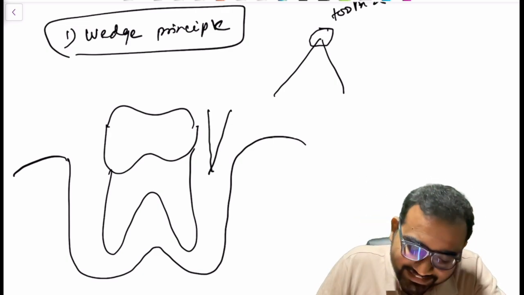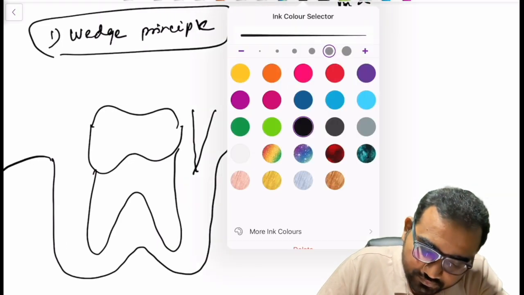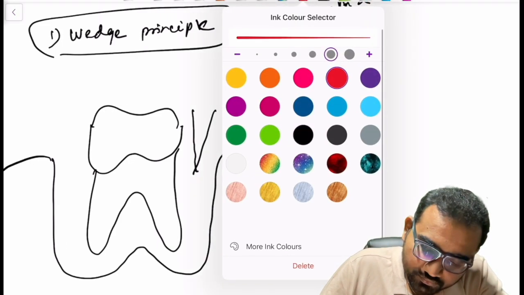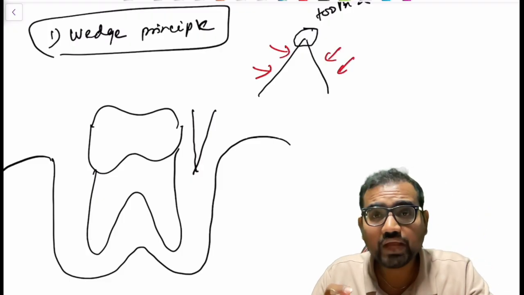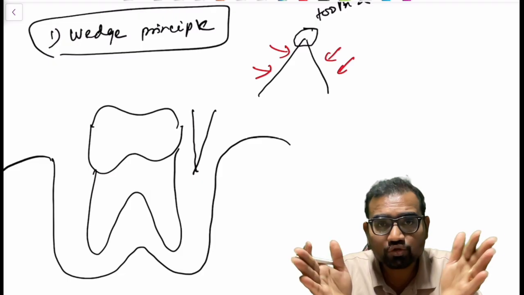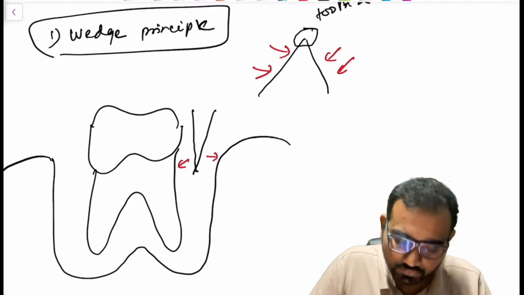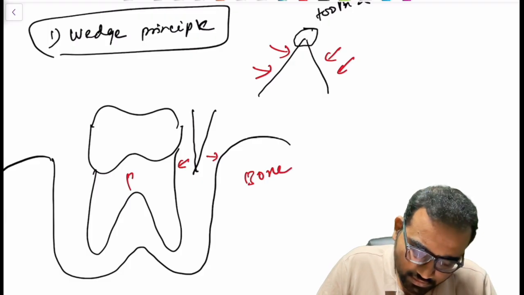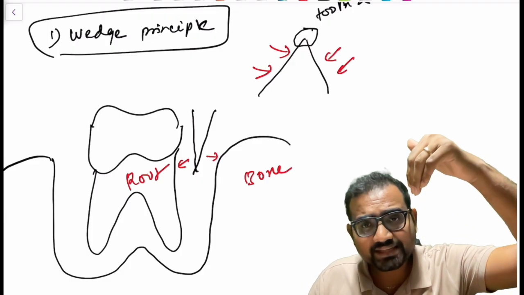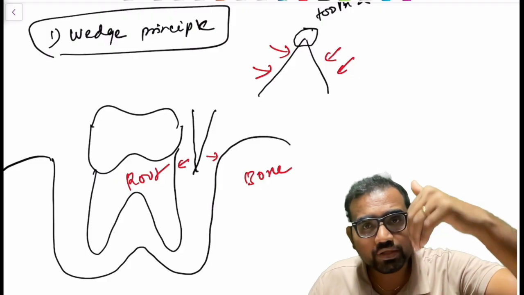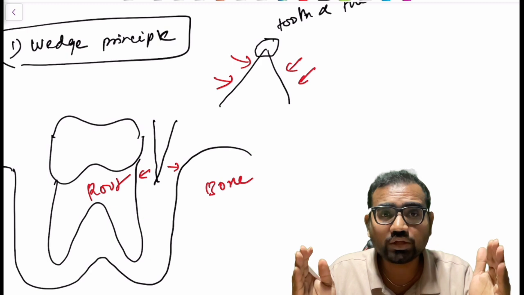So the sides of the instrument, these areas, are going to transmit the force to the bone and to the tooth. This is bone, this is the root. When I am placing the instrument between the root and the bone, it is going to exert pressure to the root and the bone.